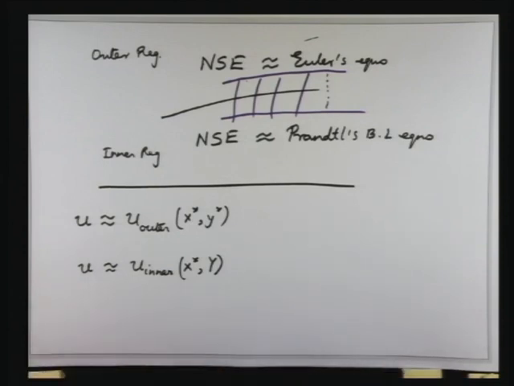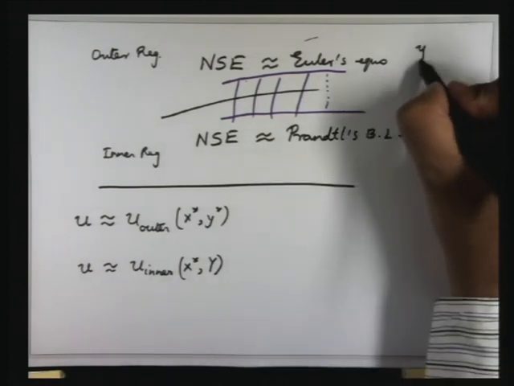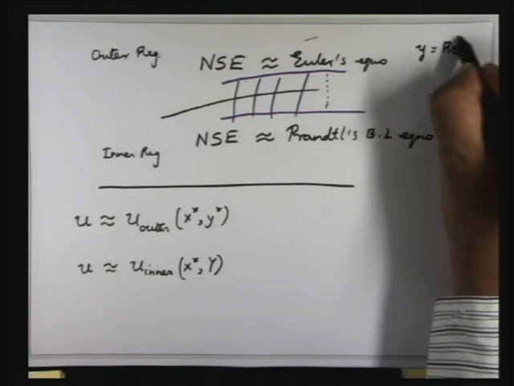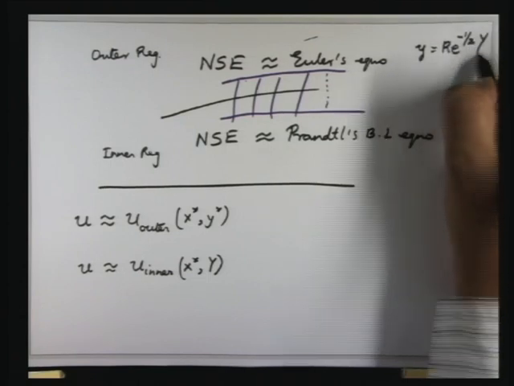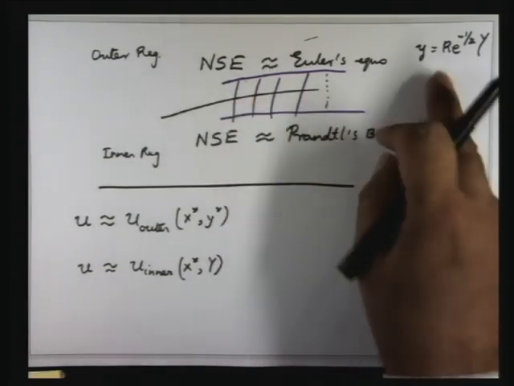Now what is the link between capital Y and small y? Small y is Re to the power minus half into capital Y. We have shown that the thickness of the boundary layer is order Re minus half.